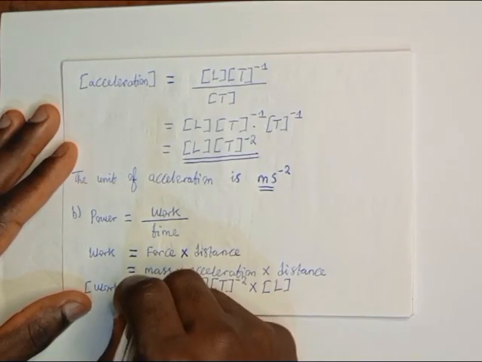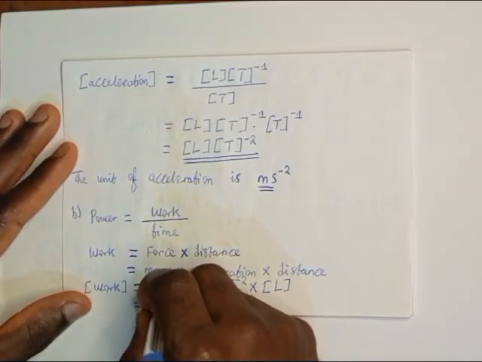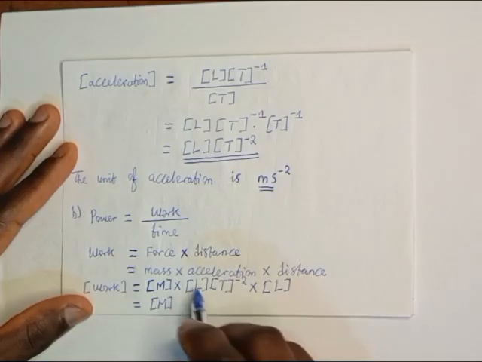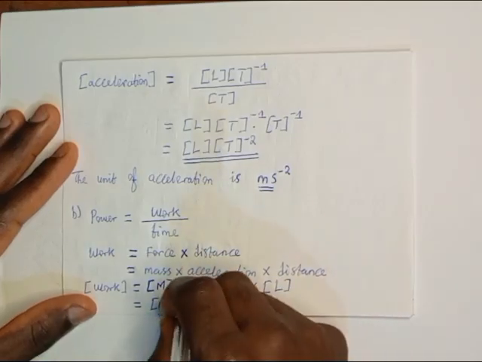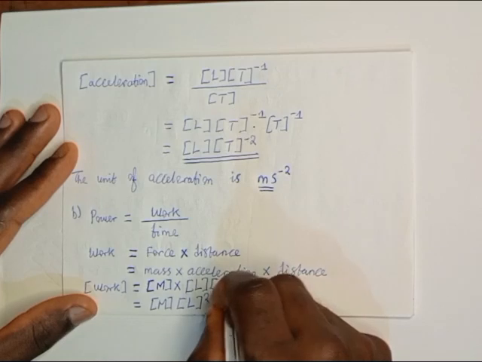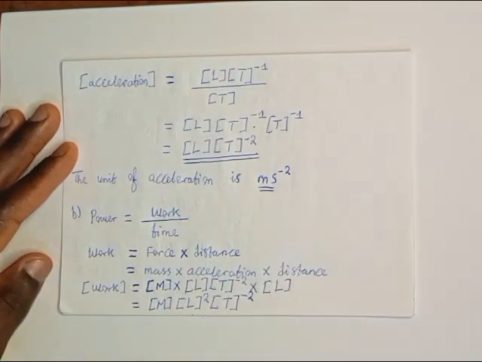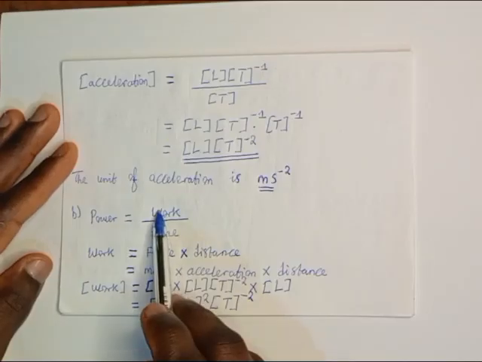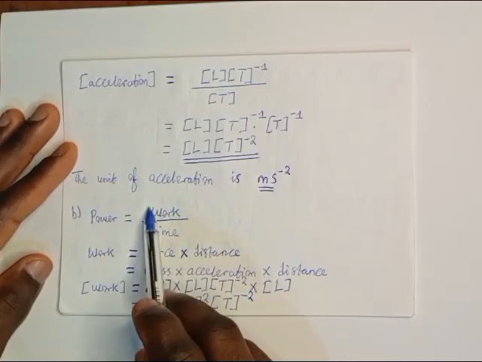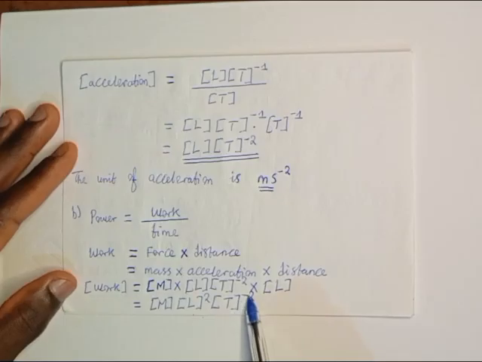This will simply be equal to multiplying all this. This will give us M. L times L gives us L squared, times T raised to the power negative 2. We are going to replace the dimension of work with this, M L squared T to the power negative 2.